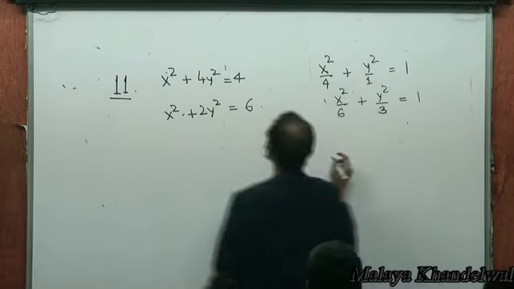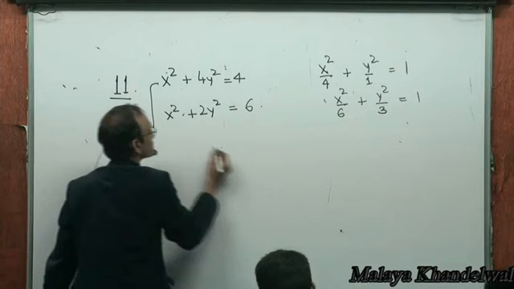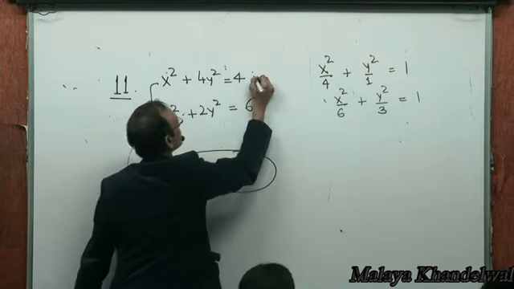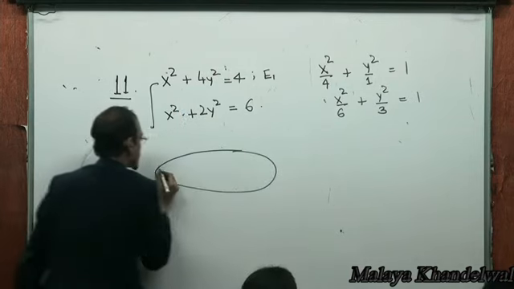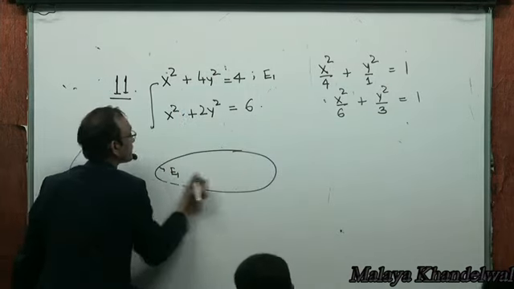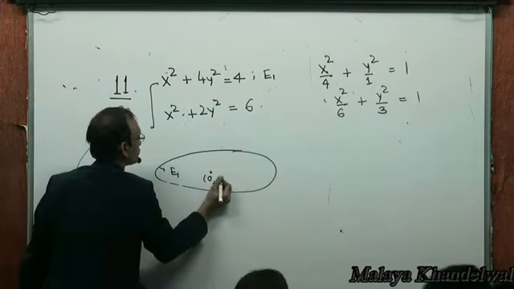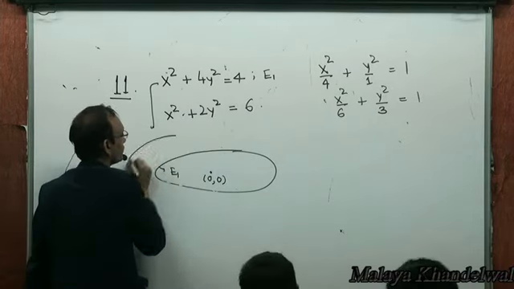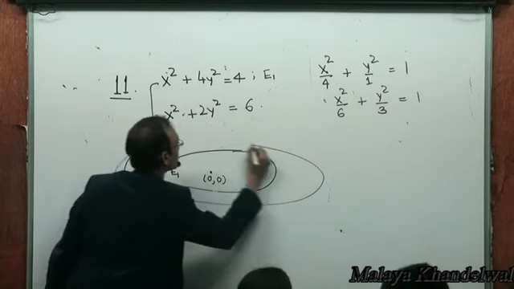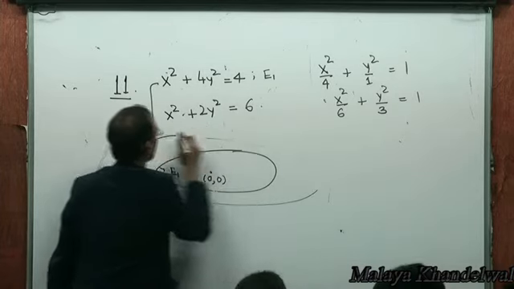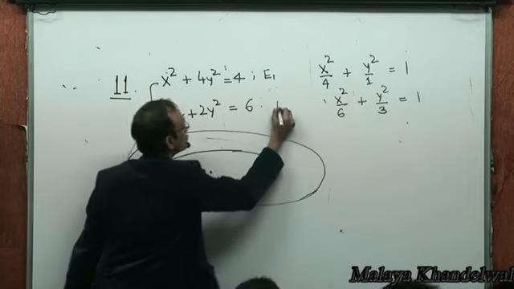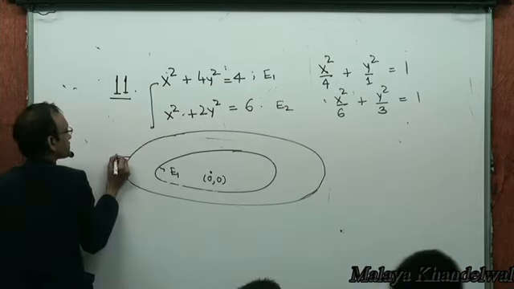Let me call this E1, the inner ellipse, center 0, 0 for both ellipses. The other ellipse, E2, will be the outer ellipse.